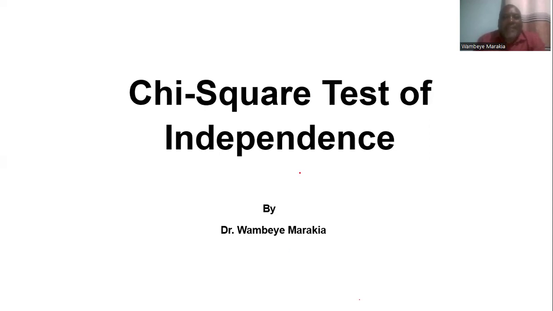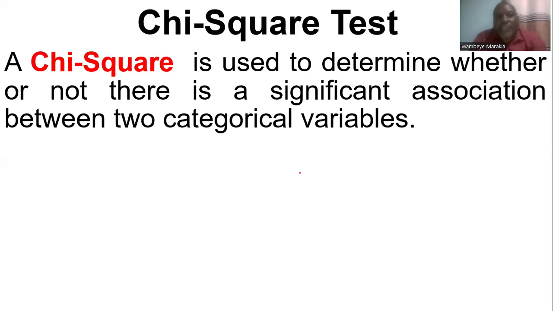I will start by defining what the chi-square is. Chi-square is used to determine whether or not there is any significant association between two categorical variables.